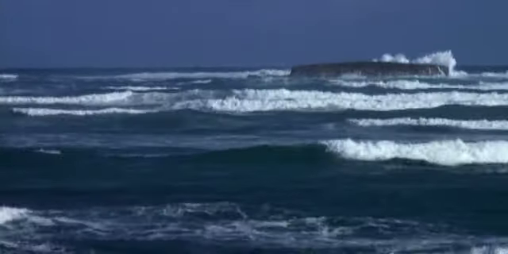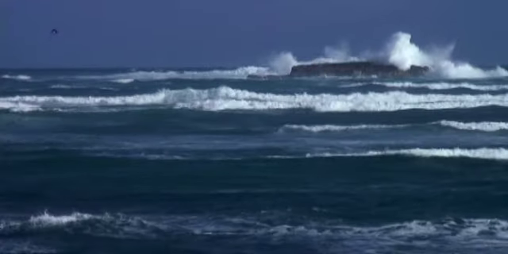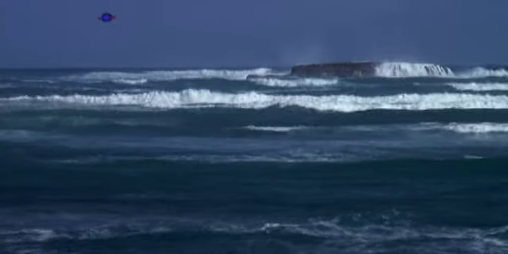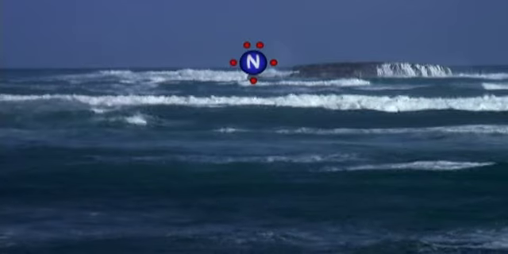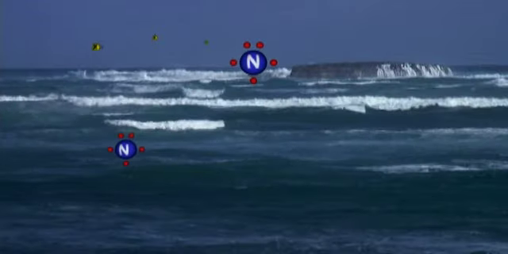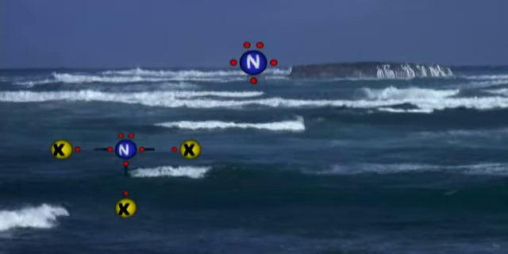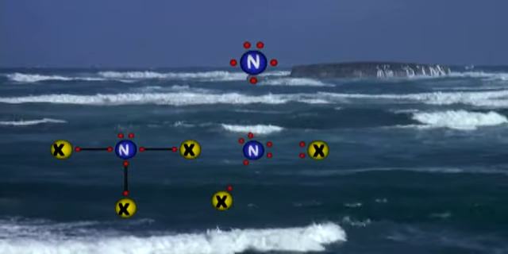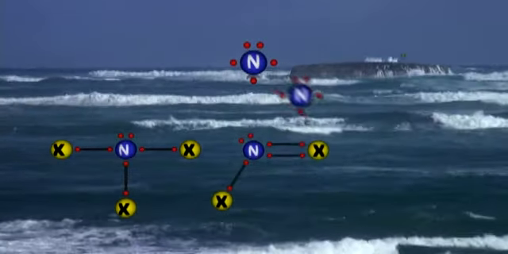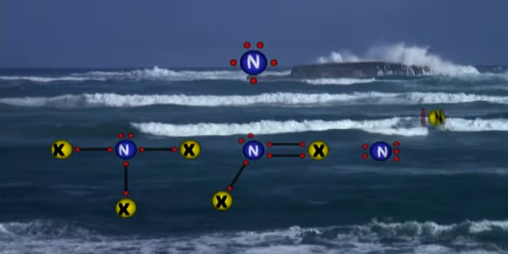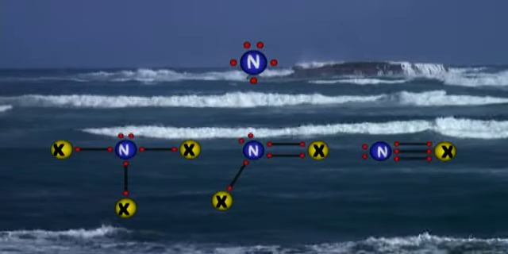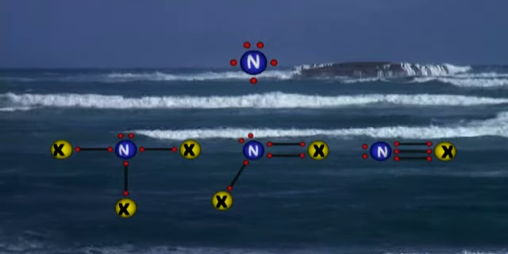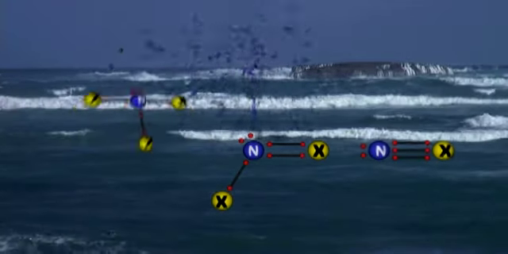Now let's look at organic compounds that have nitrogen in their molecular formula. Recall that nitrogen has 5 valence electrons and needs 3 more. Thus it will form 3 bonds, either 3 single bonds, a single bond and a double bond, or a triple bond, depending on the degree of unsaturation.